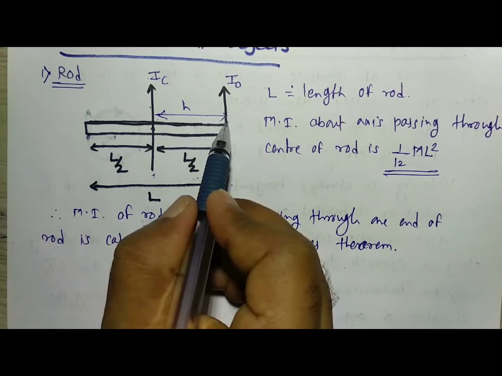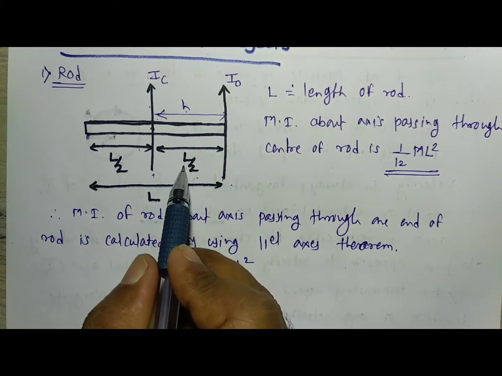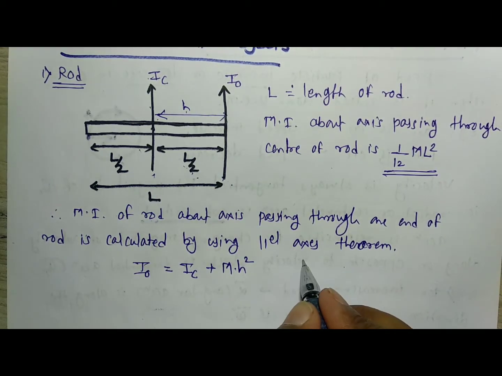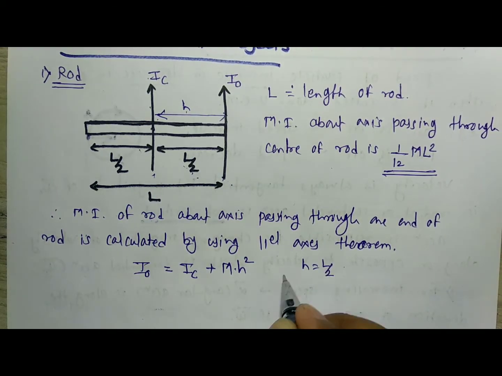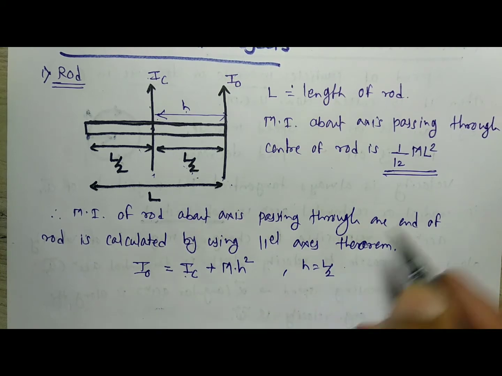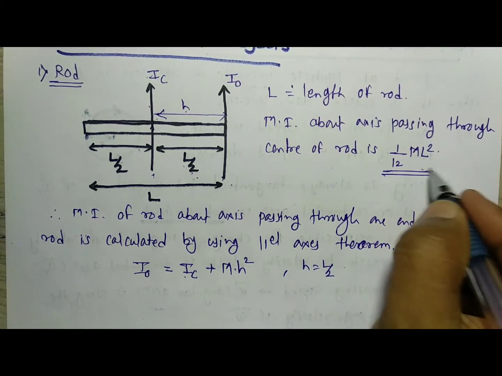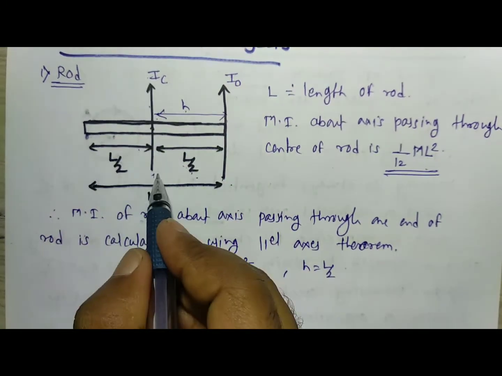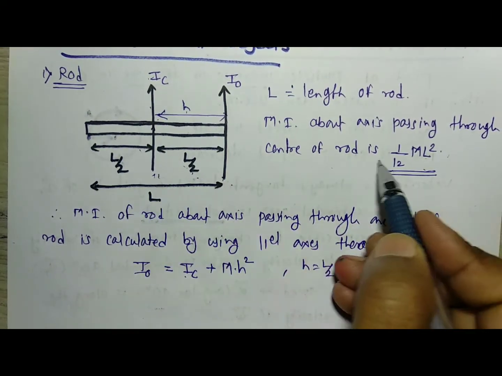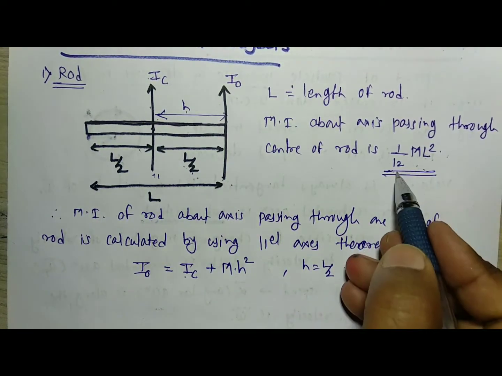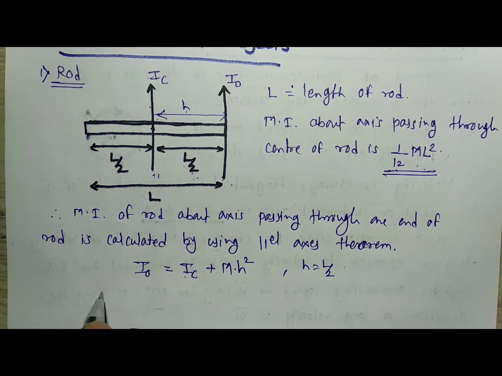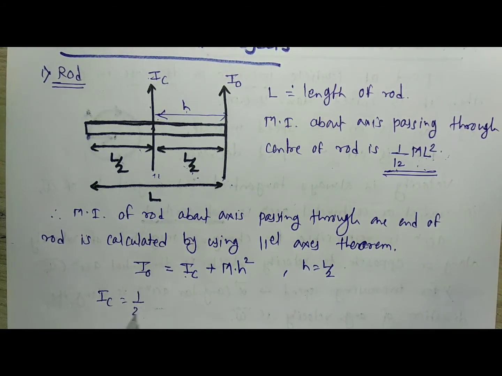Now the distance between two axes h is nothing but L divided by 2. That means h is equal to L divided by 2, and I_C is nothing but 1 divided by 12 ML square, because moment of inertia about axis passing through center of rod is 1 divided by 12 ML square. Putting those values you can calculate I_O.